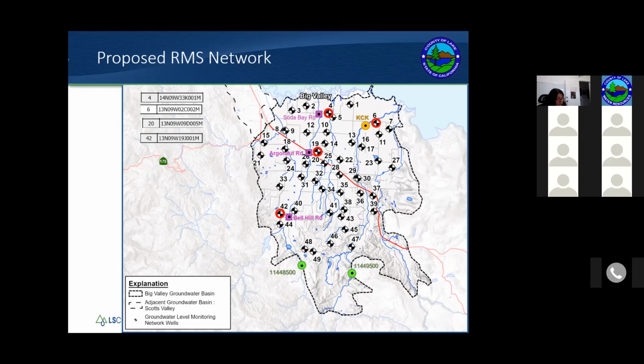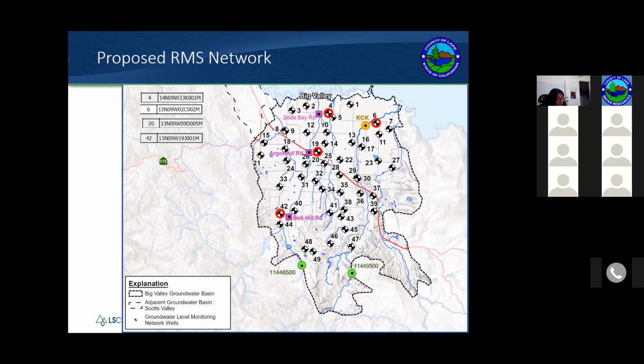In the creek, based on the data sets we have right now, we have a DWR gauge at Kelsey Creek downstream, KCK, and then we have the three transducers from the Rancheria on Adobe Creek.